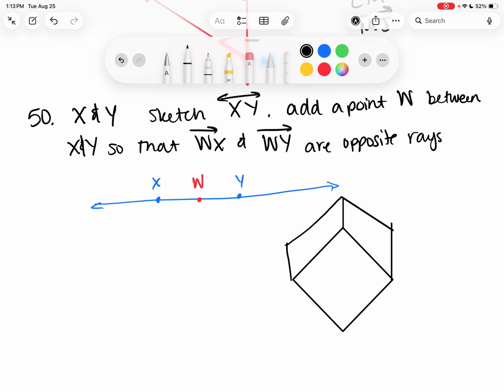So this is like an actual picture from like a museum or something. Some artist did. And then they're going to ask us some questions about it.